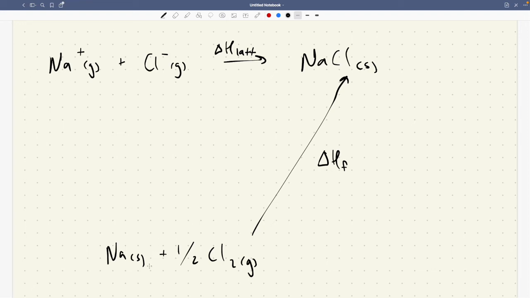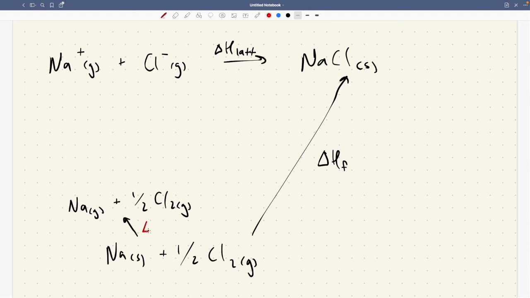The first thing, let's start with our sodium metal. We've got to atomize our sodium element into an atom. So we want to form the sodium gas from the solid, and just ignore the chlorine. We're not doing anything to the chlorine at this particular juncture. Let's get some different colors so we don't end up with a big mess.